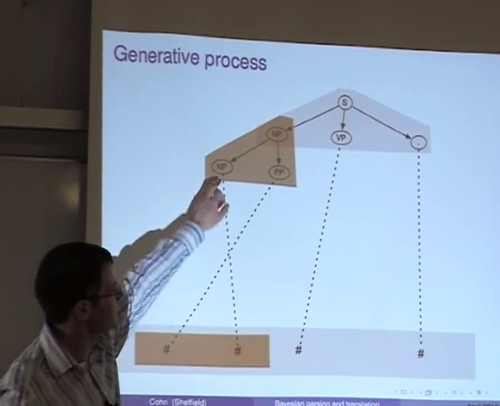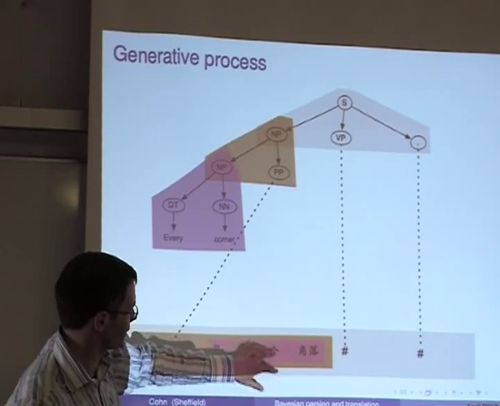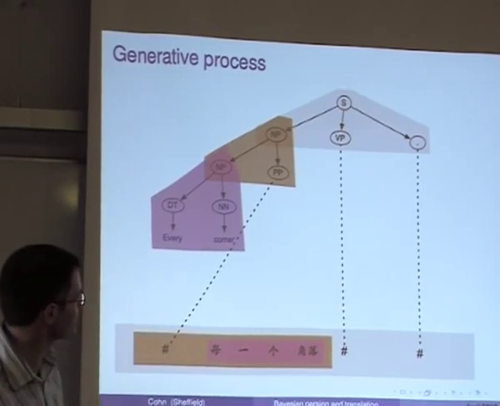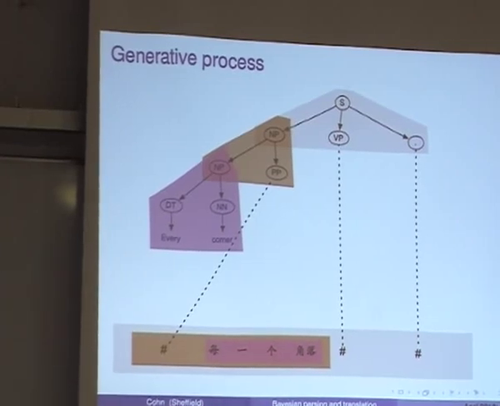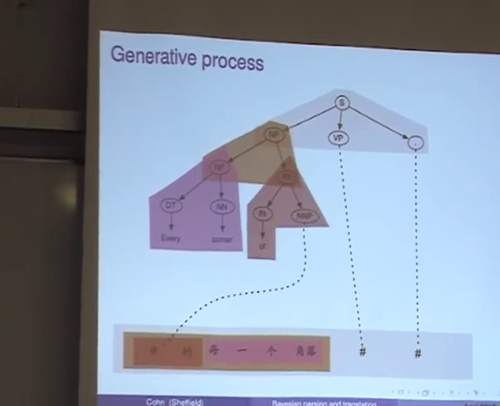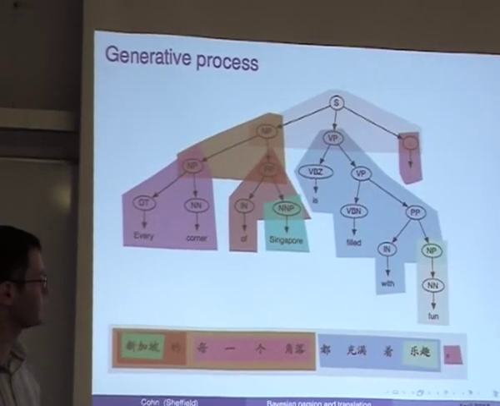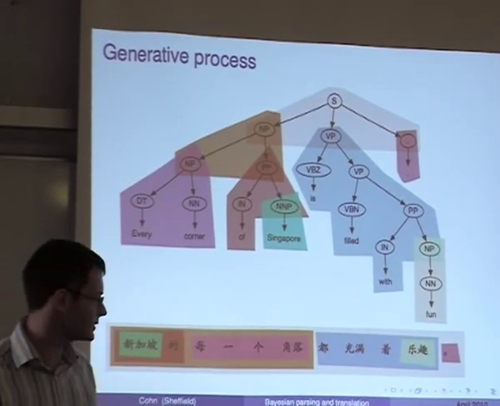Then we go through the next frontier node, the NP, and we rewrite that. We also rewrite the hash it had in the string representation, and we end up with every corner, and so on. We keep visiting the frontier nodes, applying rules from our grammar. So here's the one for of, and so forth until we have a full representation. So that's our generative process in 20 seconds.